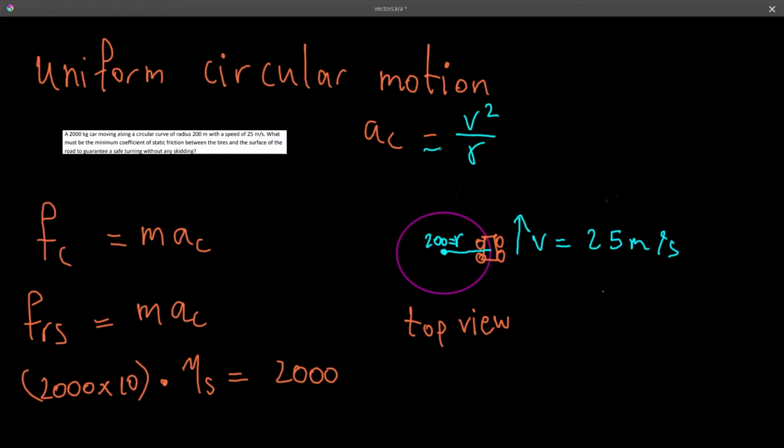We know V is 25, so that's just 25 squared over R, which we know is 200. Then you solve for mu s. So you cancel 2000 with 2000, you divide by 10, so you get 25 squared over 2000, or 625 over 2000.